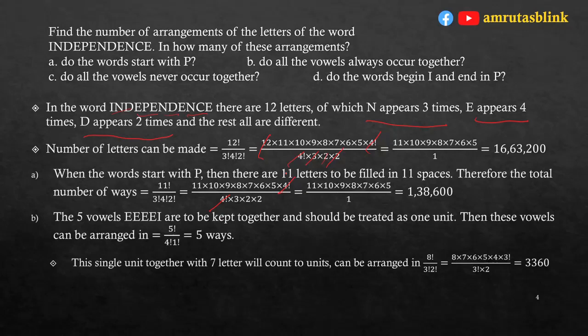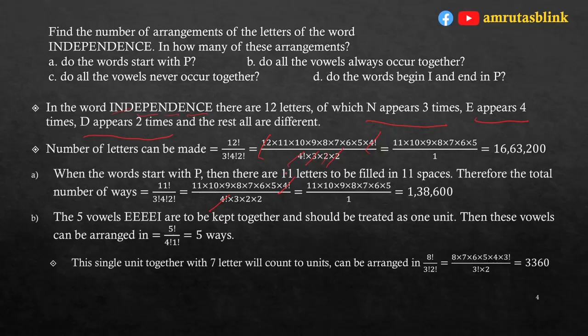Now this single unit along with the remaining 7 letters will be arranged in 8 factorial upon 3 factorial into 2 factorial. So the 7 other letters and this one unit make a total of 8, and N has appeared 3 times, so 3 factorial, and D has appeared 2 times, so 2 factorial.